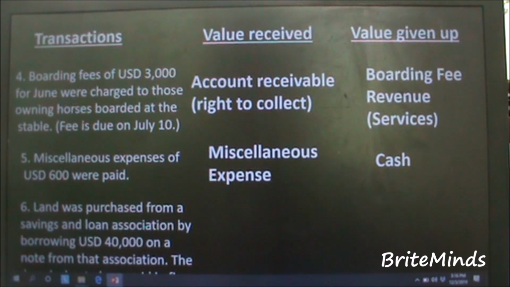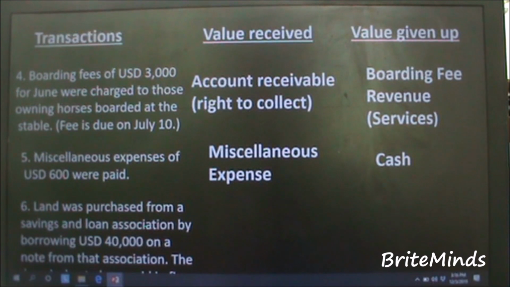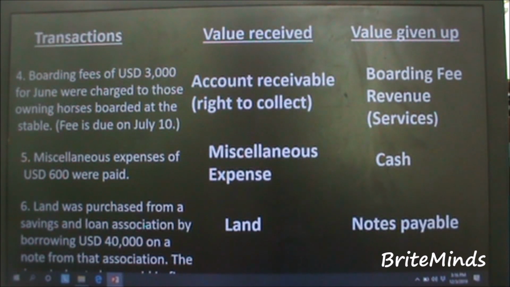So what is the value received? The value received will be land. And the value given up: it was purchased by borrowing, on a note. So the value given up will be notes payable.